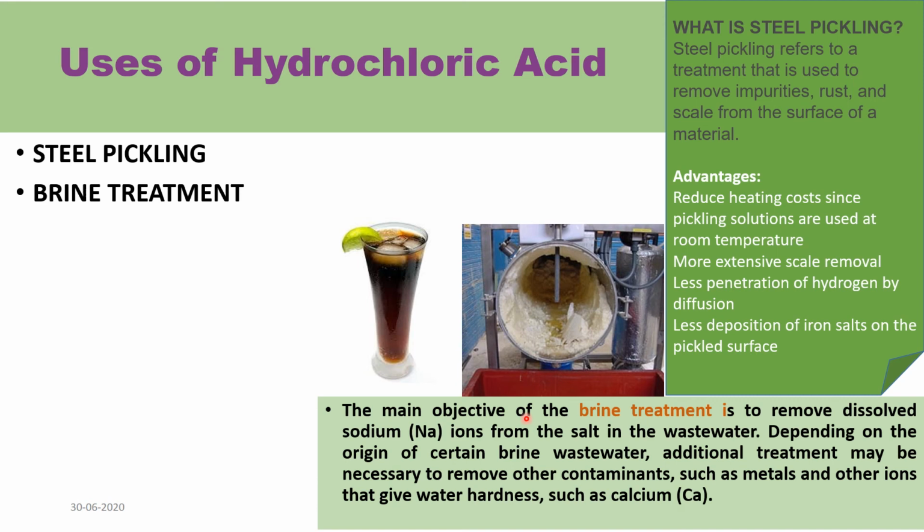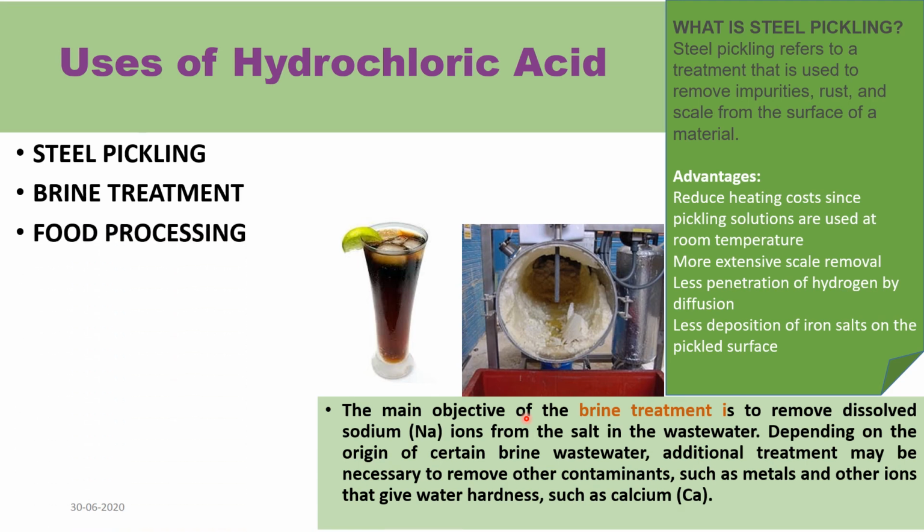So HCl can be used here for the treatment of brine, that is the wastewater treatment, to remove the metals like calcium, lead or other ions from the water that can cause water hardness.